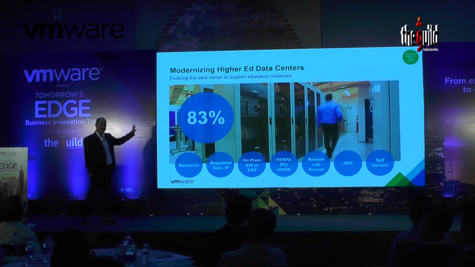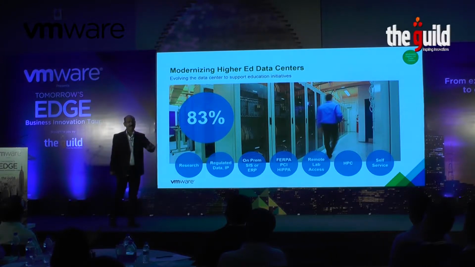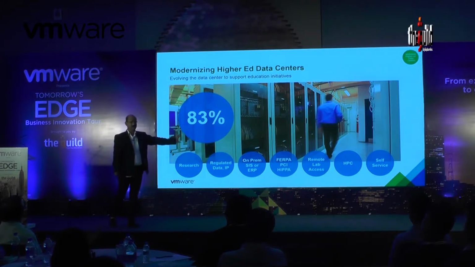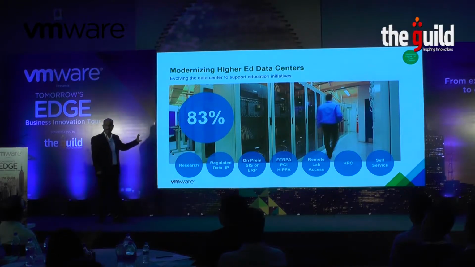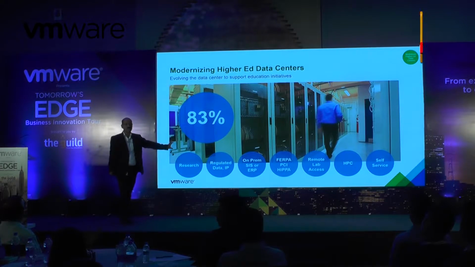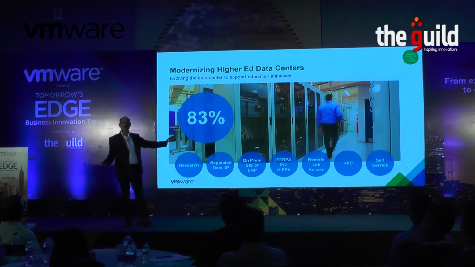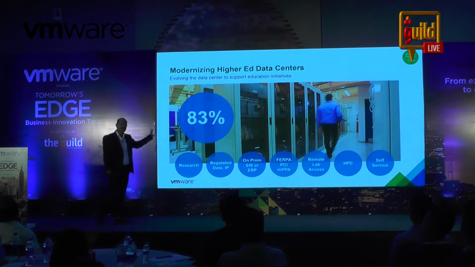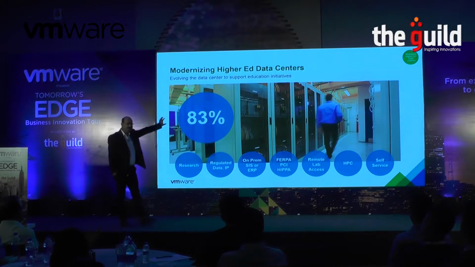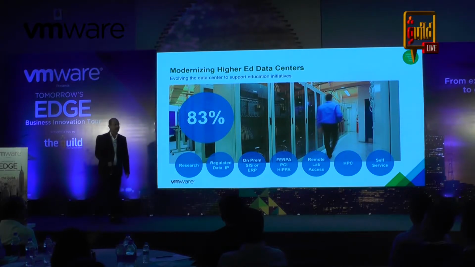The global data says universities spend 83% of their time managing this infrastructure. Think of it: if your university is spending 83% of its time managing infrastructure, do you have time to do innovation? Possibly the answer is no. What we need to do is bring efficiency into the data center, so this time goes down and your staff can focus on innovation.